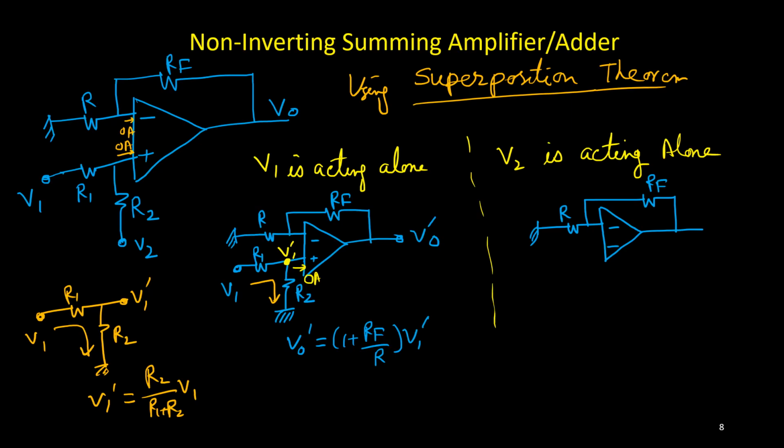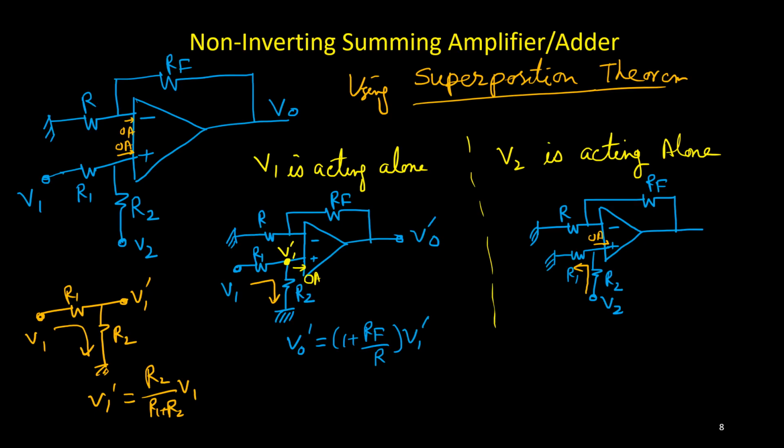Now this time I'll consider that this is V2, this is your R2, this is R1, but this end is grounded. Again a similar thing, only the change is that from this source whatever current goes has to go this side because there is no current in this one. This is 0 ampere.